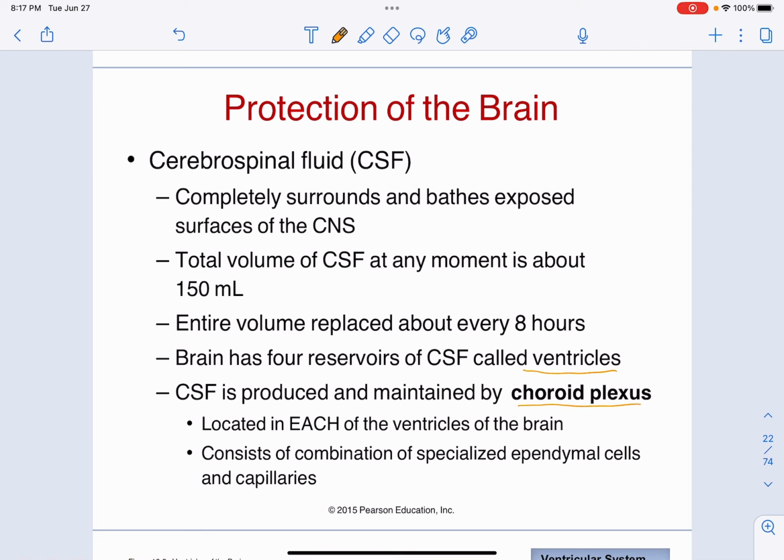And that together is what is going to produce the cerebral spinal fluid. And we're going to look at that in a minute. So these choroid plexuses are located within the ventricles of the brain. And if you remember, we spoke about ependymal cells in their very first lecture on the nervous system.